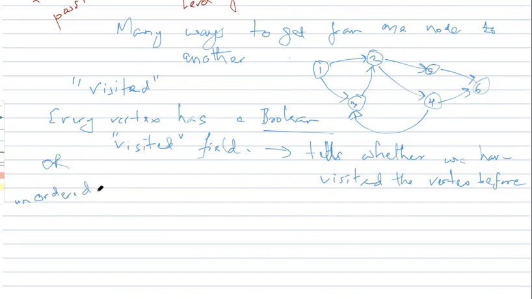Either you store that, or you have an unordered map going from a node star, your vertex, to a Boolean value saying whether I'm visited or not. That's all. And here unordered map essentially literally means hash table, where you're hashing this node pointer into an entry which is storing the Boolean value.